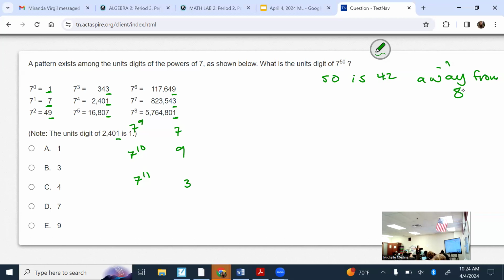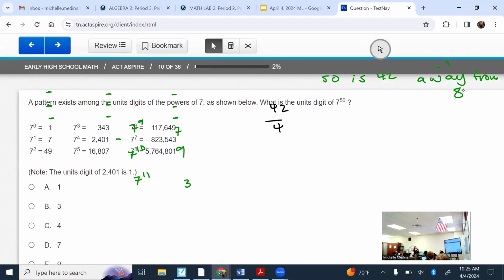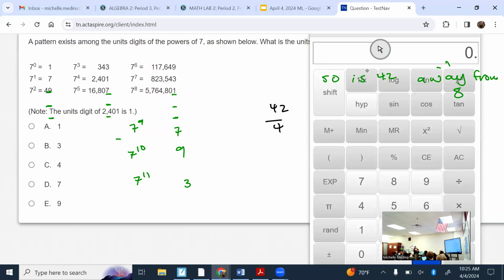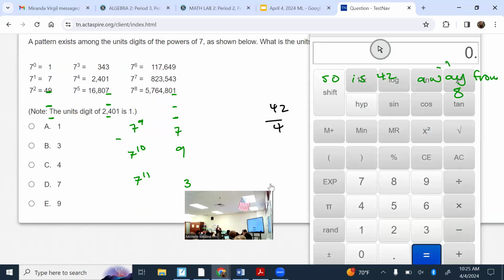So 4 different numbers. We can take 42 and divide it by 4. I know that's not going to be a whole number, but that'll at least get me to where it starts being different. So 42 divided by 4 is 10.5.